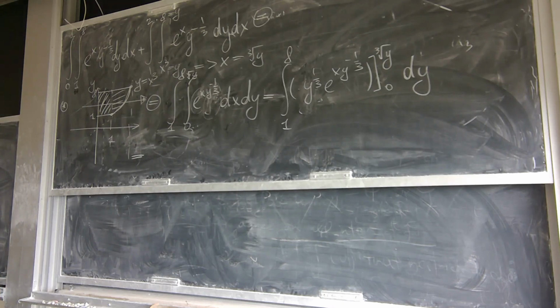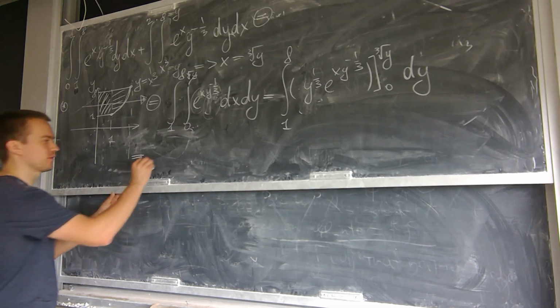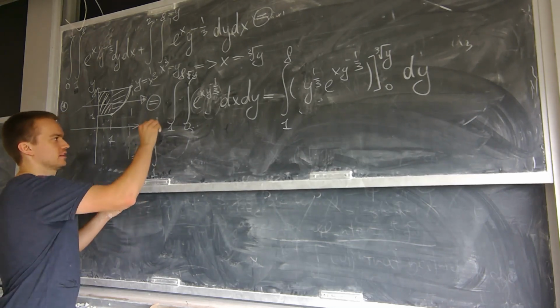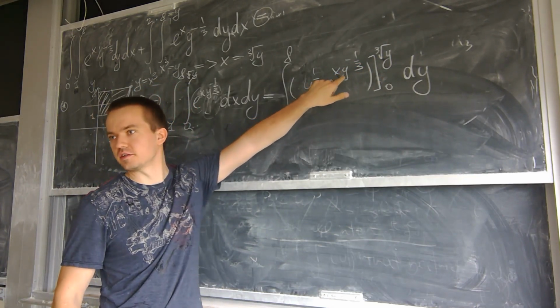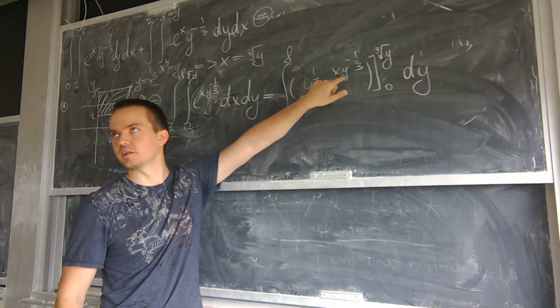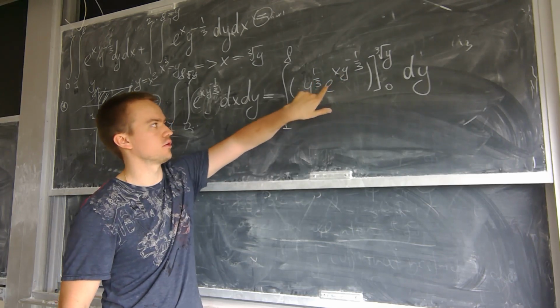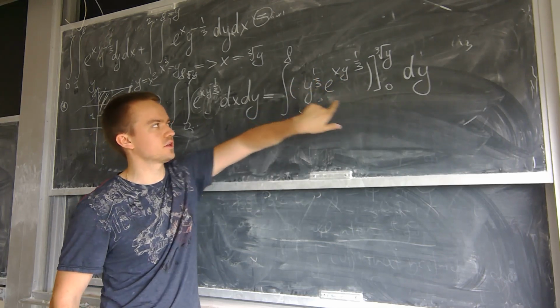It's just y to the 1/3. So after I plug in my bounds, what will I get? We're going to have the integral from 1 to 8. When we plug in the upper bound, the exponent in e is going to get 0. And here's y to the 1/3, but the 0 will kill it.